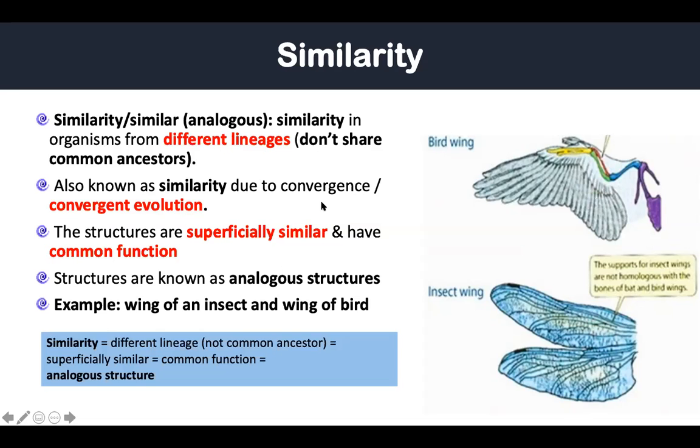So these structures are superficially similar, as I said, and they have a common function, and these are known as analogous structures. So these are the terms that you should understand. Similarity always refers to different lineage, right? It means organisms don't come from a common ancestor, and they have very similar superficial structure and a common function, and these are known as analogous structure.